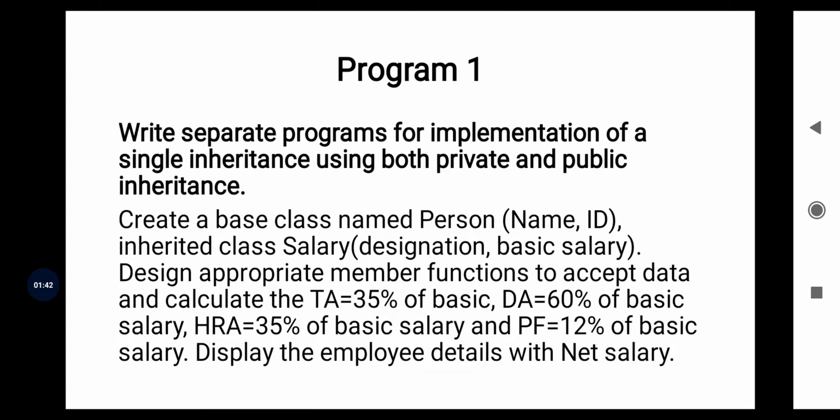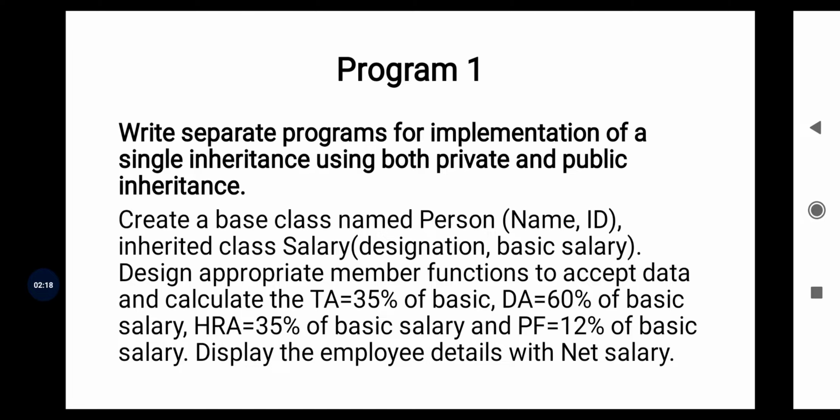Now you need to write 2 programs for this. One, you need to use the private inheritance, and the other you can use the public inheritance. Now while you're doing this program, I would want you to try the protected keyword. When you're doing the private inheritance, make the name and ID attributes in the base class private, and then in the same program you change it by making it protected, and see how the differences are and how you can actually write the same program using fewer lines of code.